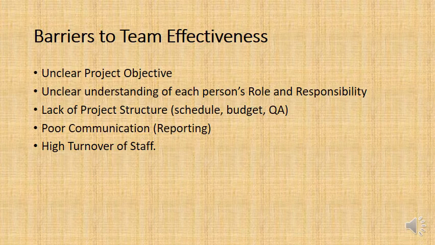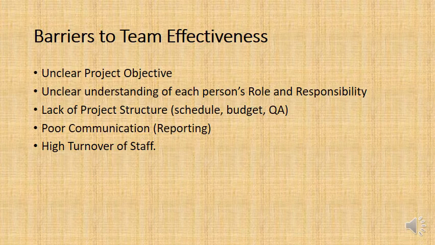You also need to understand each person's roles and responsibilities. Now that comes from a good, clear work breakdown structure with a good, clear description in each work package. If you don't have that, then suddenly you're going to start having project scope creep, where people start moving away from the project scope.